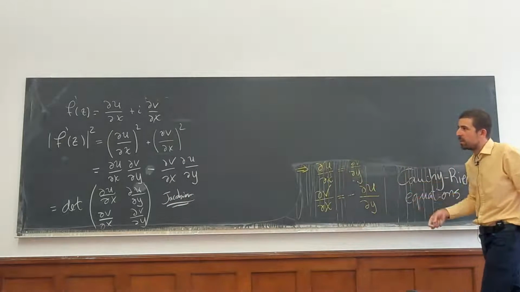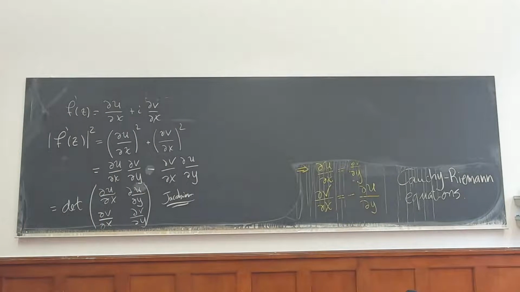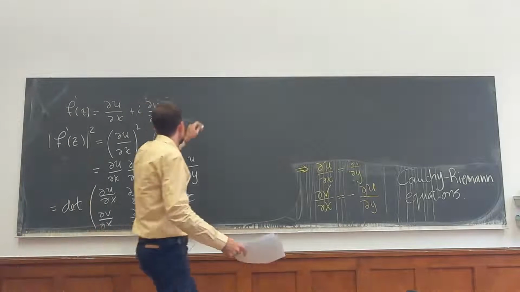So if we take the norm squared, the size of the derivative, then we're getting exactly the size of the derivative that we knew from multidimensional calculus, which is good.